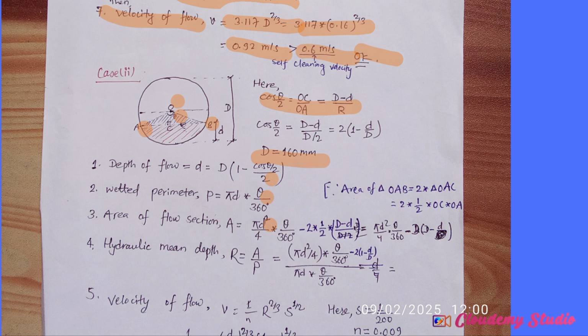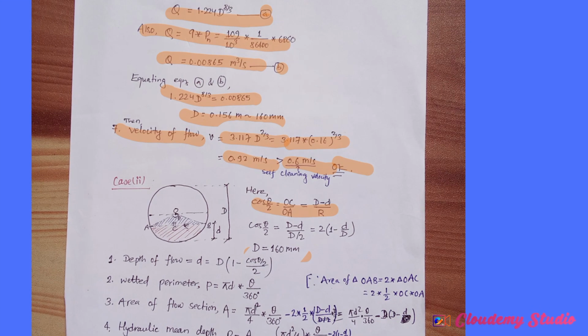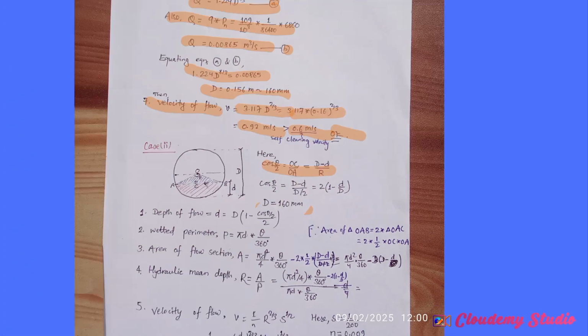When the triangle OAB is subtracted, the area of flow section is obtained. Hydraulic mean depth, R equals area by perimeter, and the velocity of flow is obtained similarly as earlier.